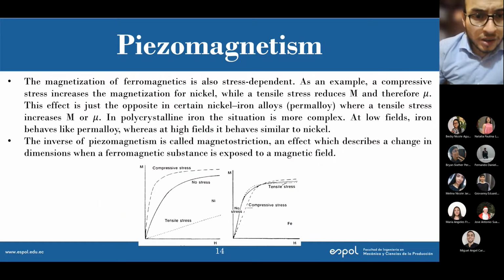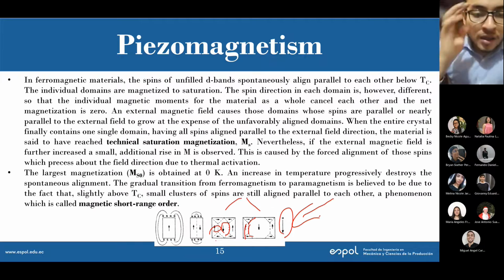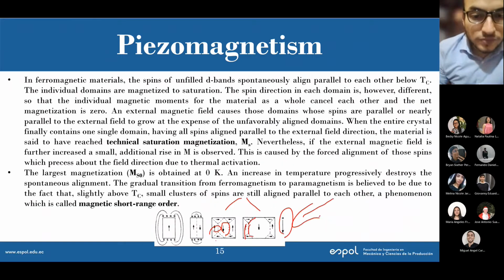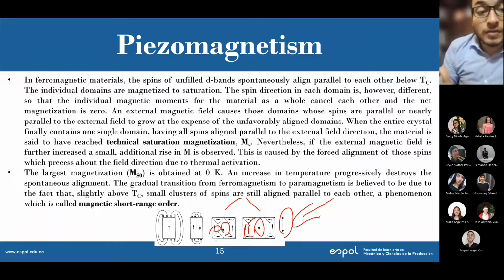Oops, I think I missed this slide. Sorry about that. I'm going to come back to this slide. So it's the one here. That's MS0. And as I increase the temperature, that alignment that I have, let's say, will start to be destroyed.